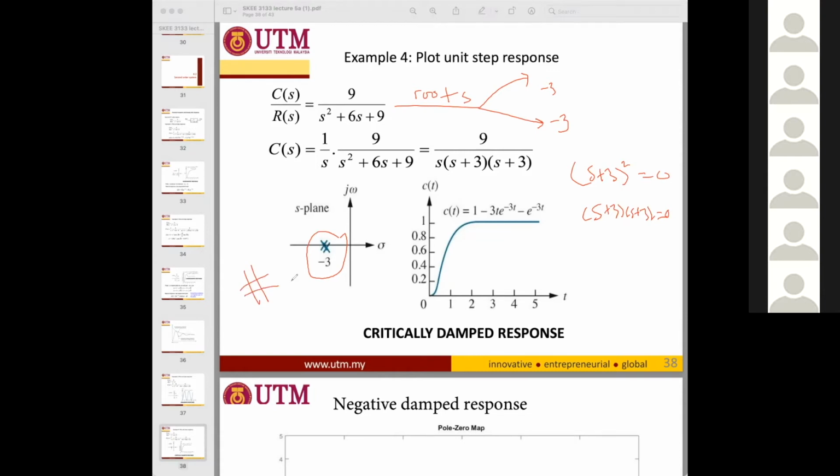Aisha Soleha. Yes, Prof. Kalau dia bertindih ni kita panggil apa? In English. Bertindih. Poles are each other. Overlap.